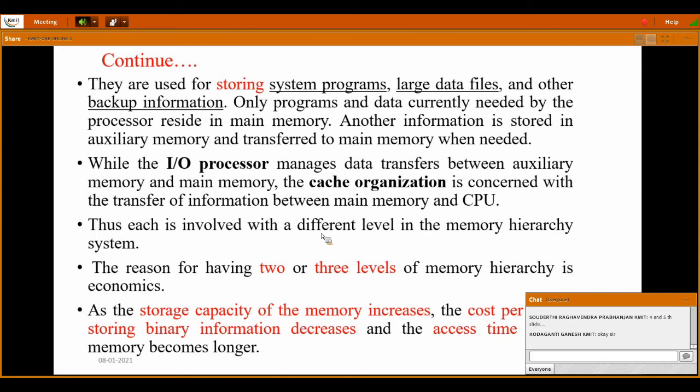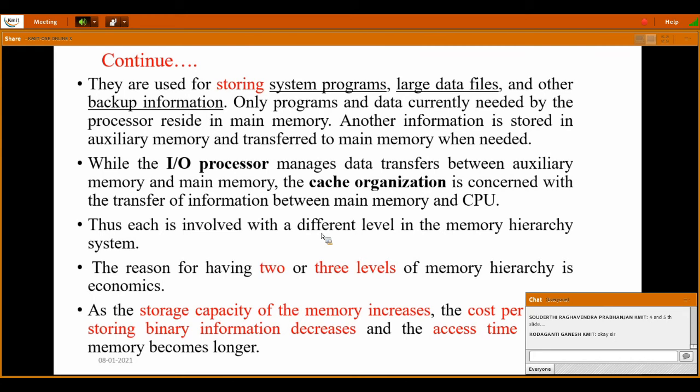Only programs and data currently needed by the processor reside in main memory. All other information is stored in auxiliary memory and transferred to main memory when needed, while the I/O processor manages the data transfer between auxiliary memory and main memory.